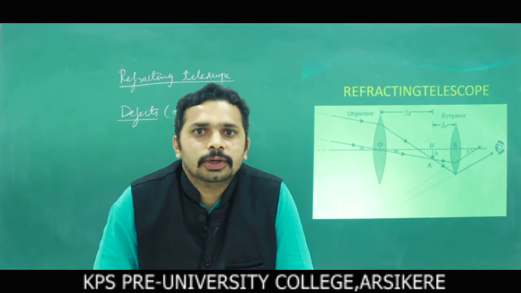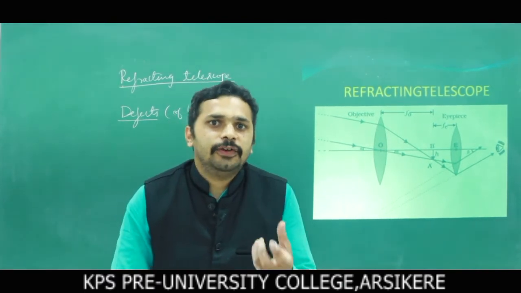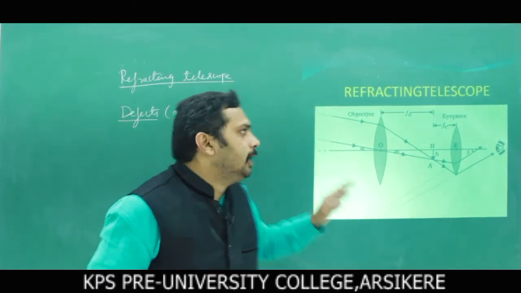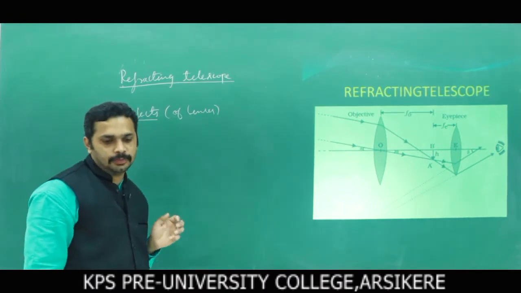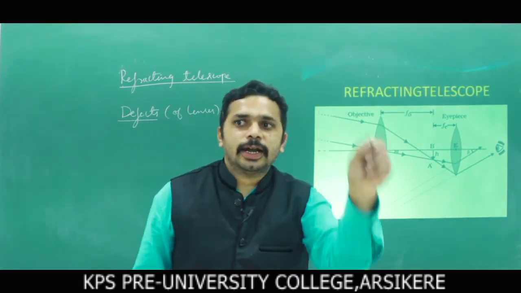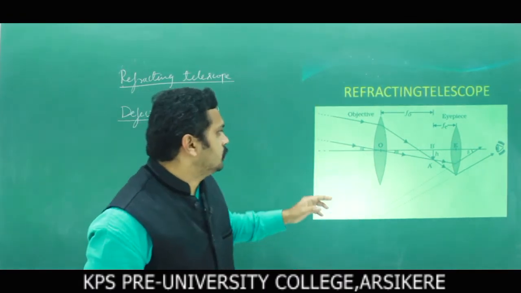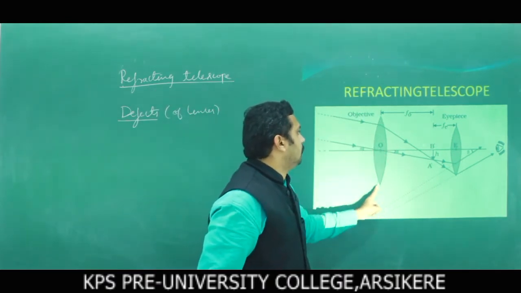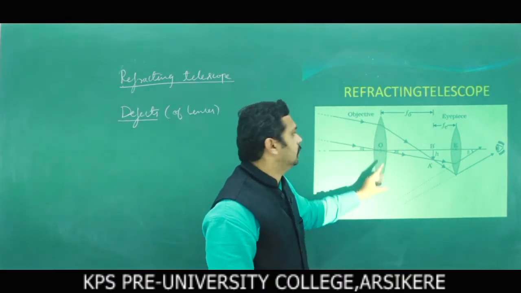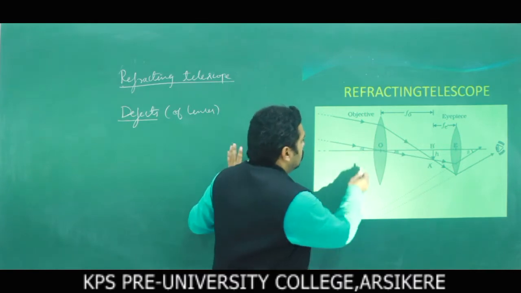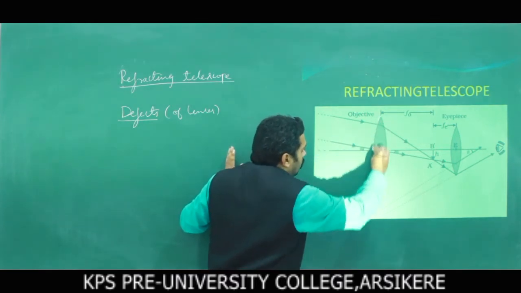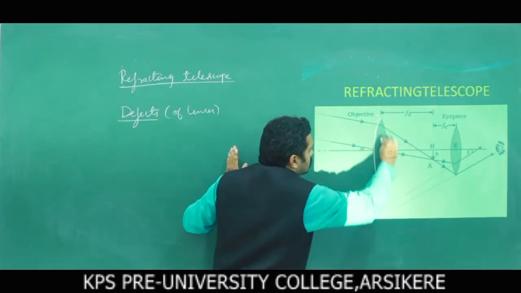Dear students, we are going to discuss the defects in refracting type telescopes, because you know that in refracting type telescopes we are using a large aperture objective lens. This is the objective lens. Why are we using the large objective lens?